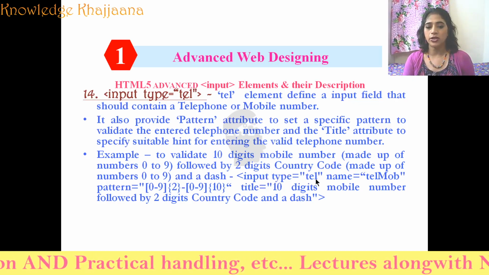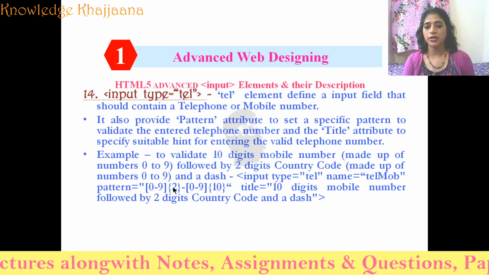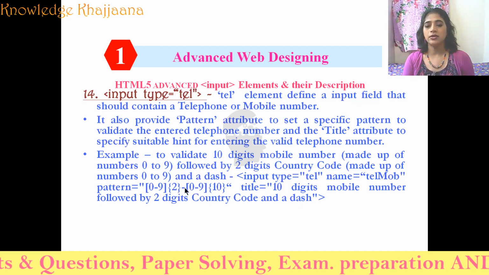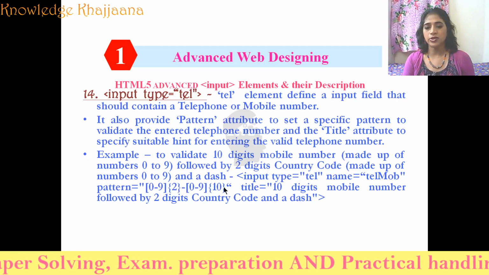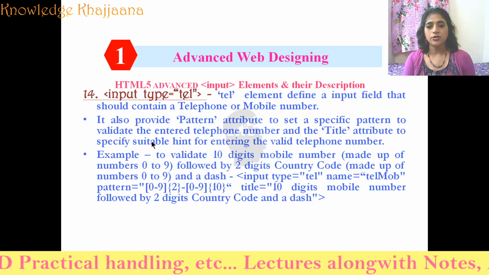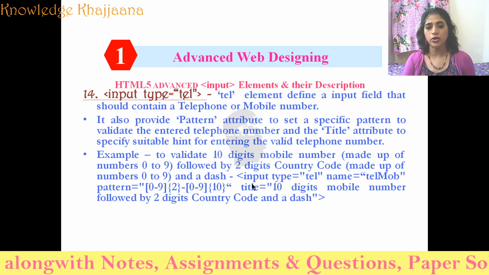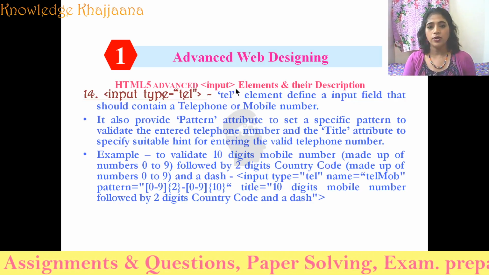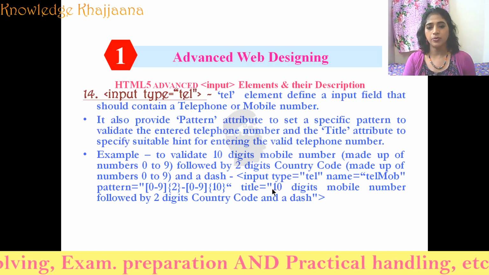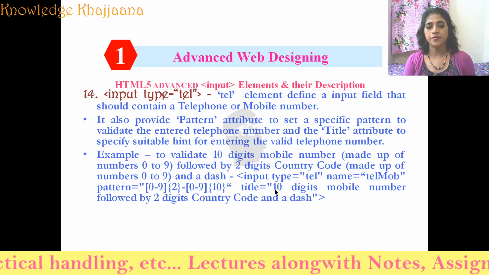Input type is equal to tel, name is equal to whatever you want, pattern is equal to 0 to 9, 2 digits, 0 to 9, 10 digits, and a dash between them. Why is title required? It provides a suitable hint so that the user does not get confused about what he is expected to enter in that input box provided for entering the telephone number, meaning what pattern the website designer is expecting.